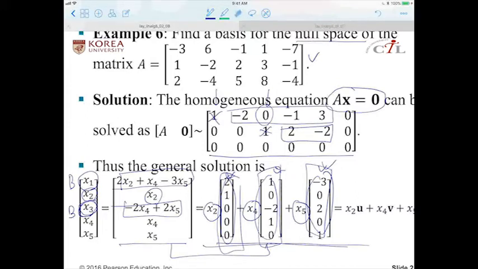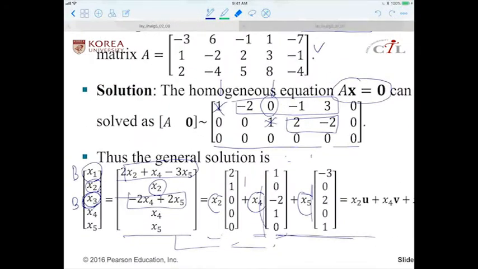So you have to be able to flexibly think about this matrix horizontally or vertically. So in this case, let's focus on this entry.